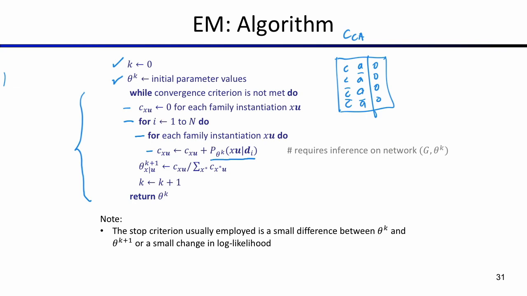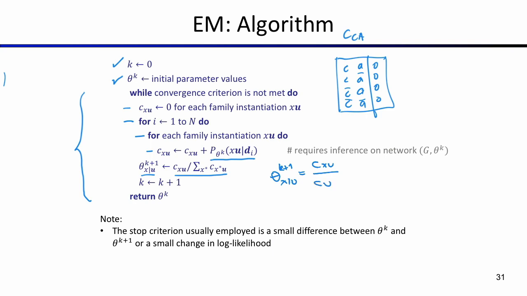So once we have finished with that, what I'm going to do is to compute the parameter. This parameter x given u will be given by this ratio here. This is one interesting trick in order to make the computations more efficient. If you were looking at this computation, we have the parameter at iteration k plus 1, x given u, and that's going to be equal to this cxu divided by the c of u.